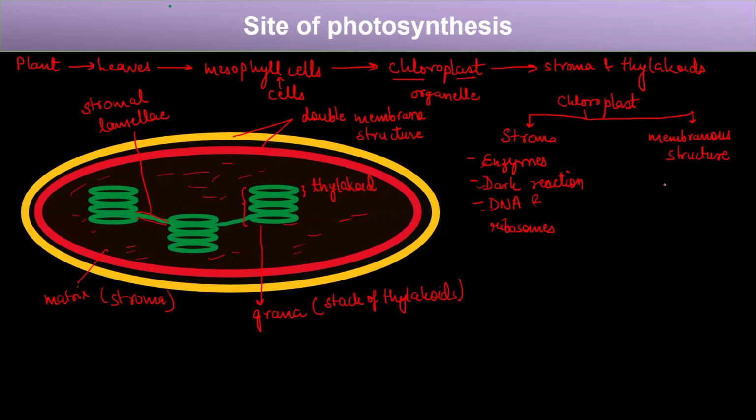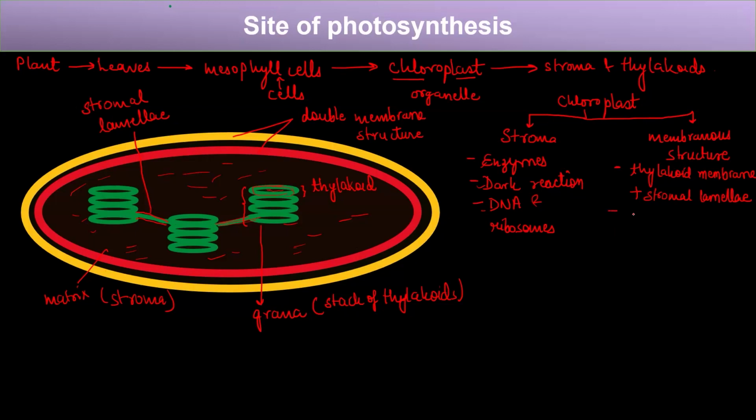Now, what do we have in the membranous system? If you look at it, we have the thylakoid here. Thylakoid has its membrane, and inside it has the lumen, right? So the membranous structure consists of the thylakoid membrane plus the stromal lamellae, which is also a membrane.